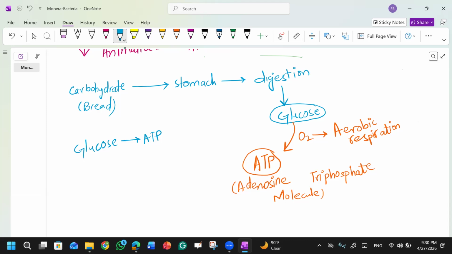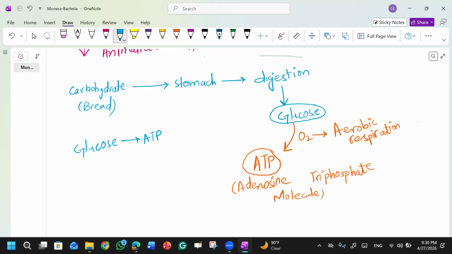Whenever there is an emergency situation, like for example, you are running, your breathing rate will increase. Why will your breathing rate increase? Because when you are running, your cells need more energy, you need more glucose to be converted into ATP. In any extra physical activity, your body needs more energy.